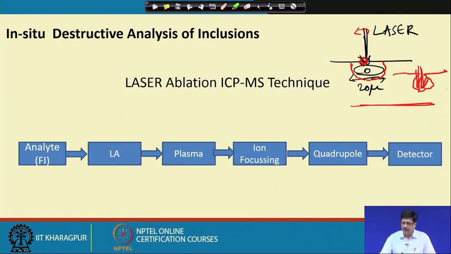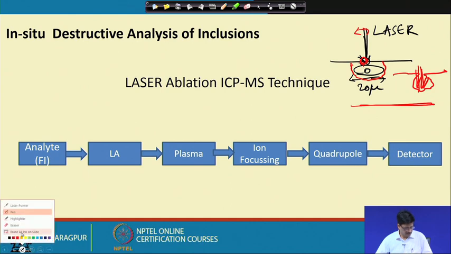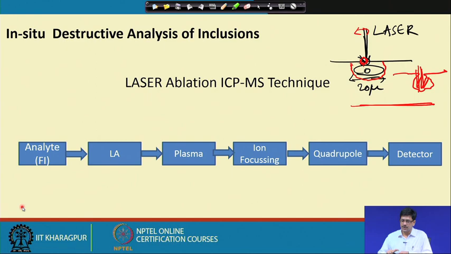Once the solid host is ablated, the liquid part will very easily be ablated. Whatever is there, liquid and gas, will always be converted, evaporated, nebulized, and then carried with the help of the carrier gas.